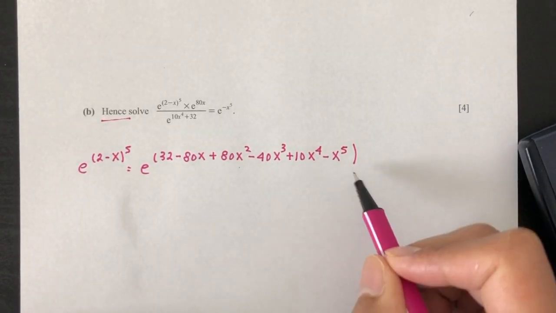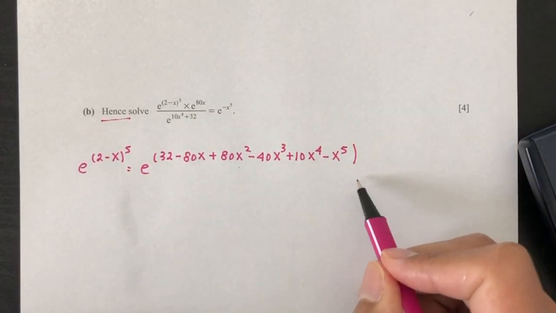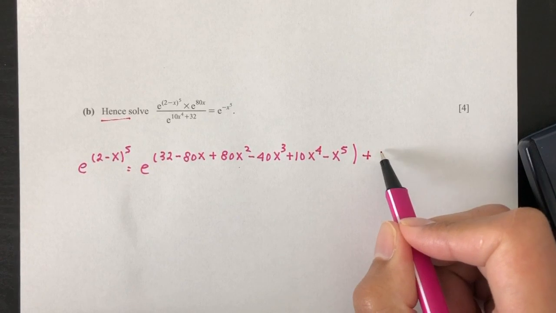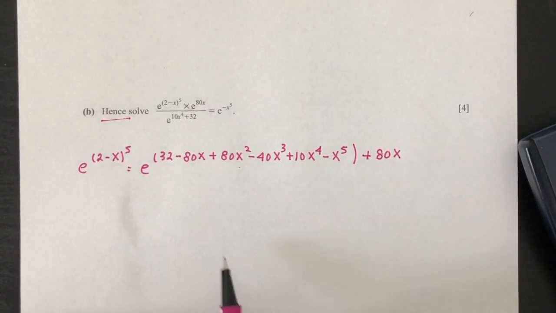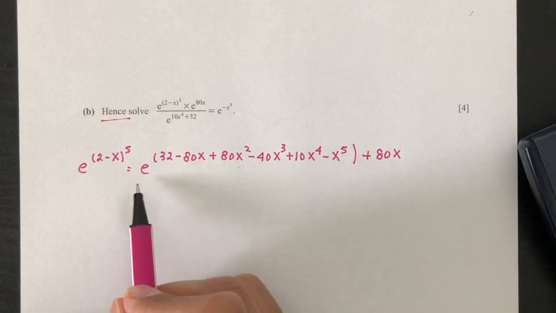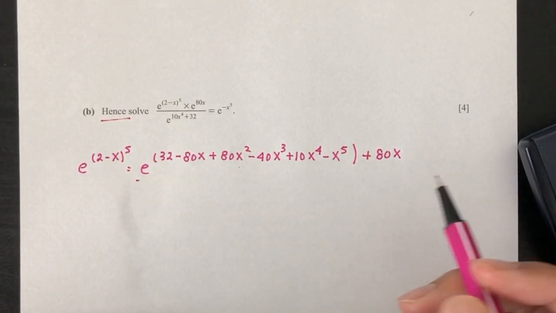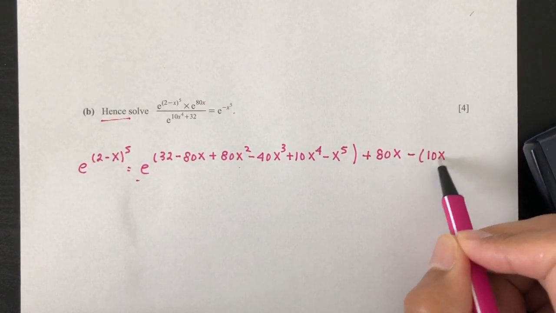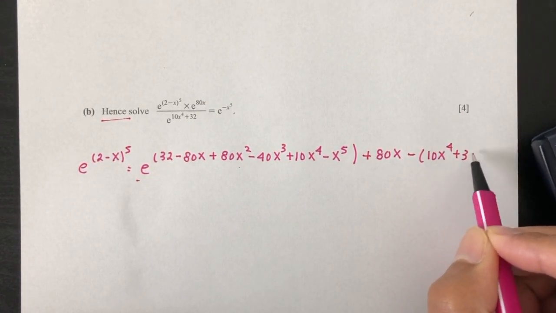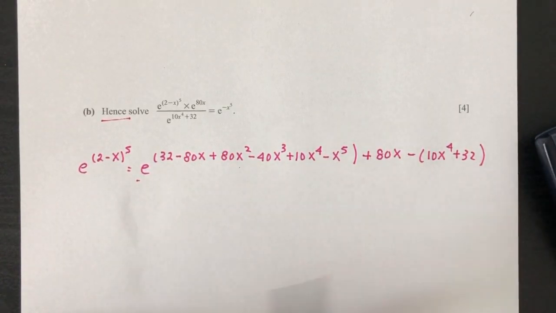And when you have it times something, it becomes plus 80x. Now when you have to divide, the powers subtract: minus 10x plus 32. Now let's simplify the top. Let's see what we have.